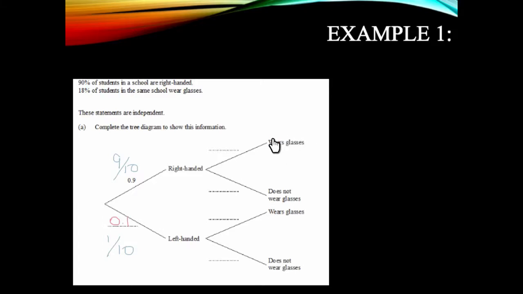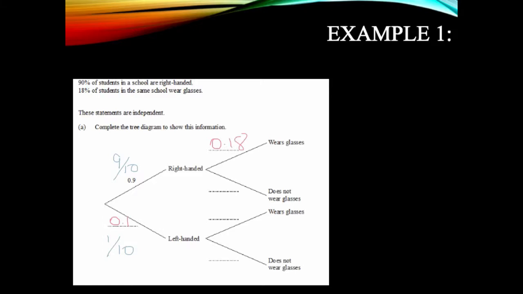Over here it's talking about wearing glasses or not wearing glasses. The information up here says that 90% of the students are right-handed, and that was the 90% that we referred down here to 0.9. Now, there's another little bit of work that we need to do here. We now need to convert 18% over here to a decimal. Now, I'm hoping you can do that. 18% is 0.18.